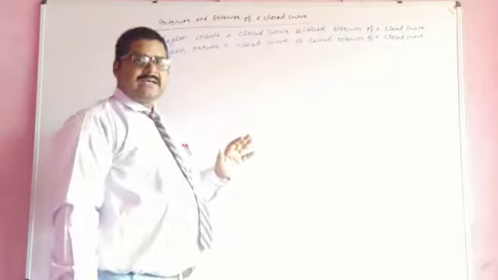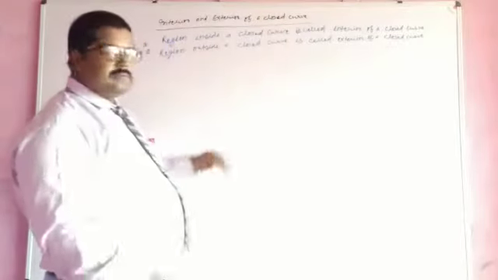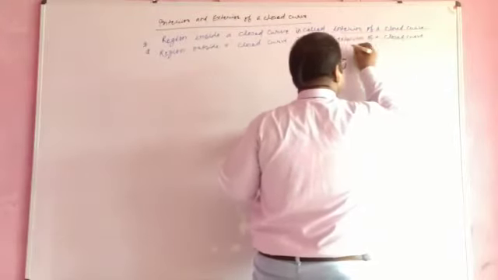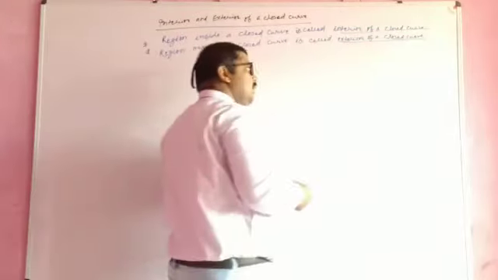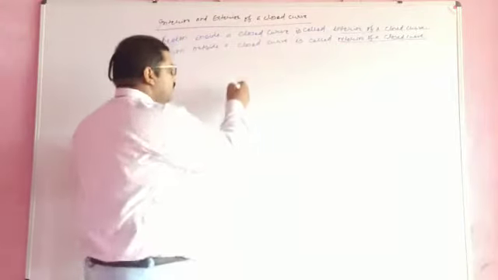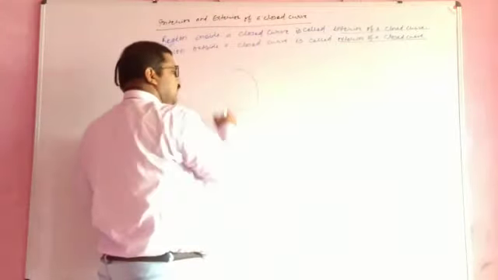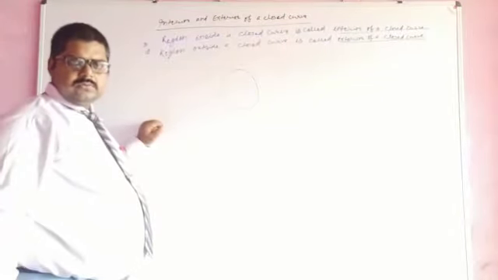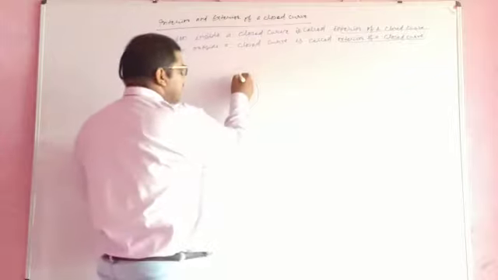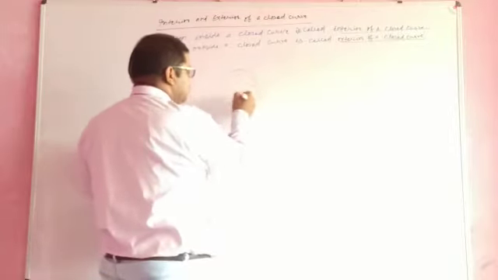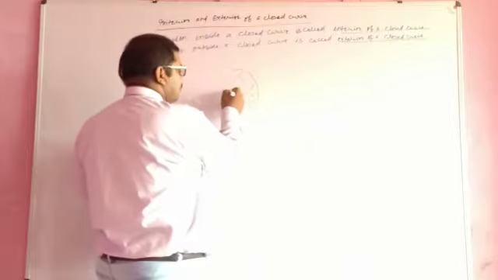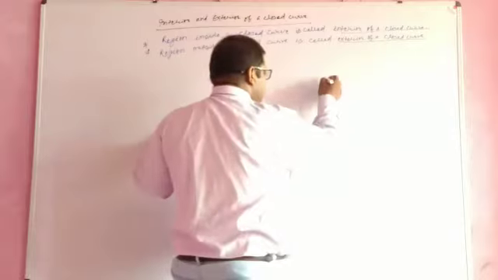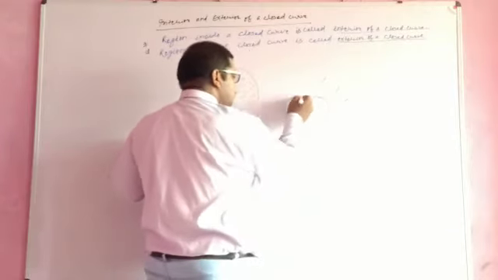Now I will discuss two different definitions: interior of a closed curve and exterior of a closed curve. When you draw a closed curve, it has two regions. One region is inside this closed curve, and the second one is outside of this closed curve.